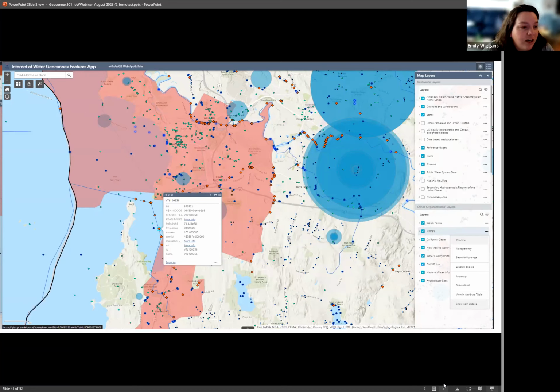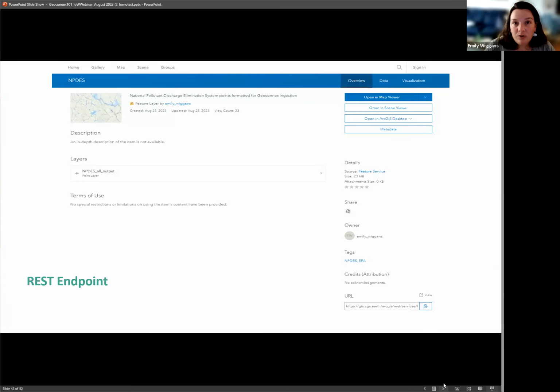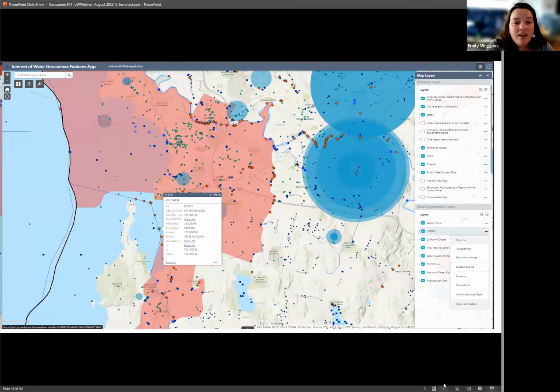You can see here that in the table of contents, if you right-click and do Show Item Details, you will go to this page, which will be familiar to many GIS users, and you have the link to the REST endpoint if that's how you choose to access data, highlighting that it is shared to everyone, so you should have no access issues. Or if perhaps you want to just look at it in a map on your own, you have that easy capability as well.